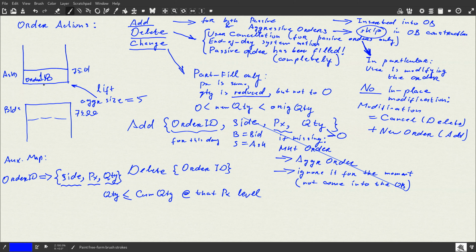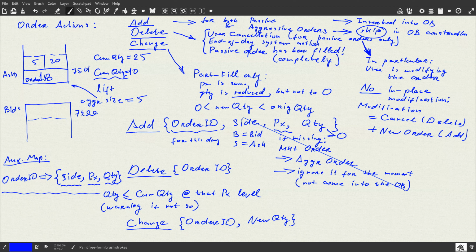Why that? Because if it is a change, then the order ID is already in your auxiliary map. So by this order ID, you already know the side of your order, price, and old quantity. And therefore, you check the invariant that new quantity is, again, you remember, greater than 0 and less than old quantity.